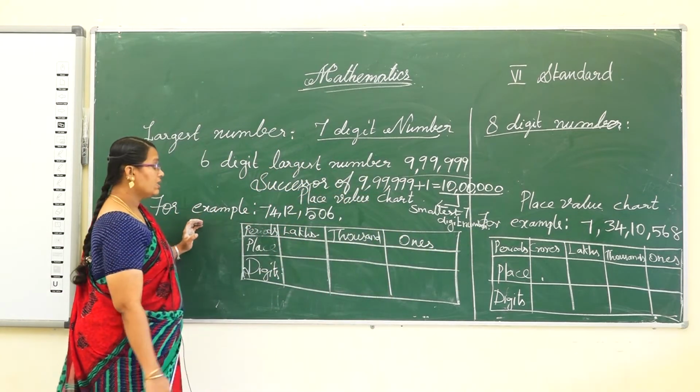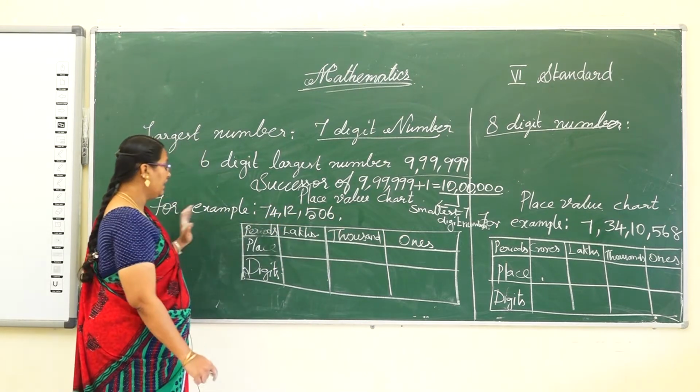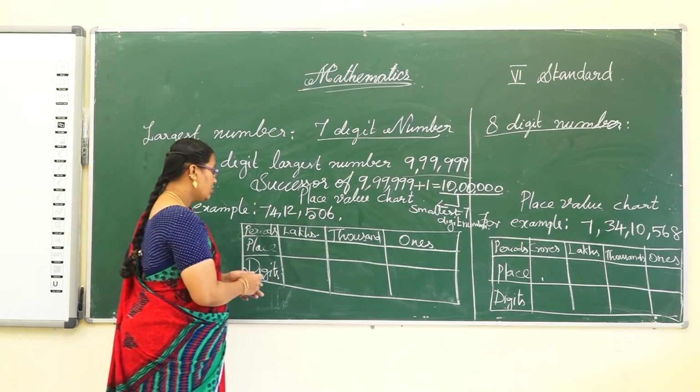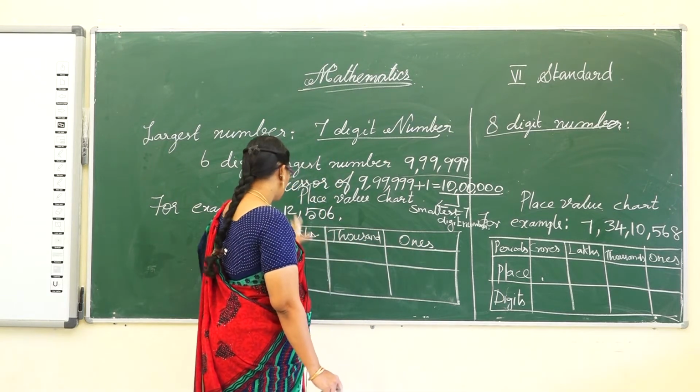And now see how to write the place value chart for 74,12,506. This is a place value chart: ones, thousands, lakhs.